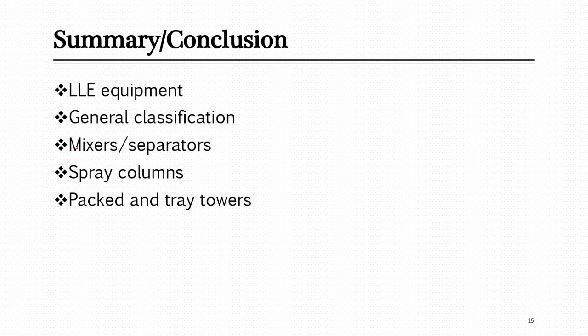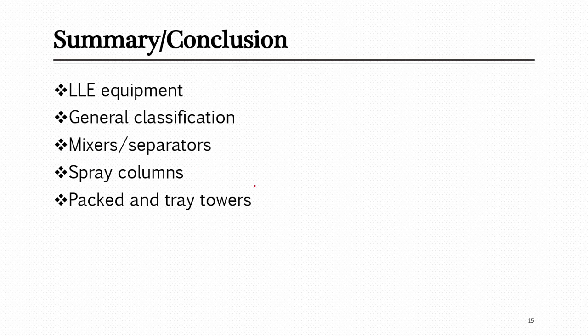And we discussed the mixer-separator system. Actually there is a mixing unit, and then a separate vessel in which gravity-based separation, or separation based on any other mechanism, will take place to get the extract and raffinate phases. Then there are the spray column and the packed and tray towers.